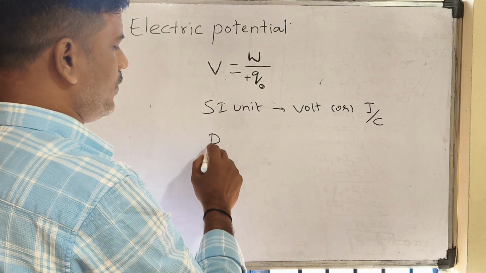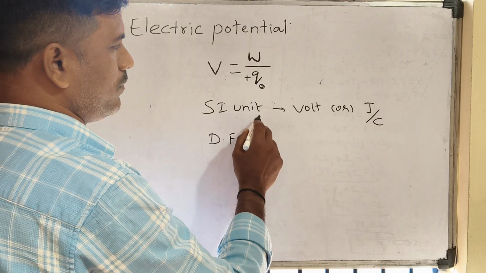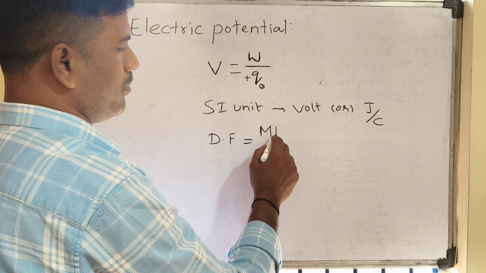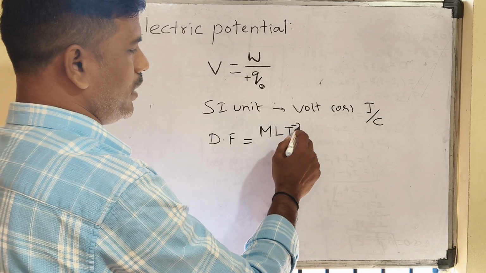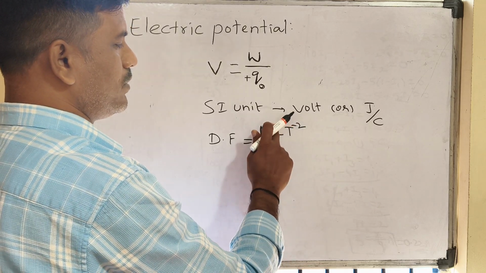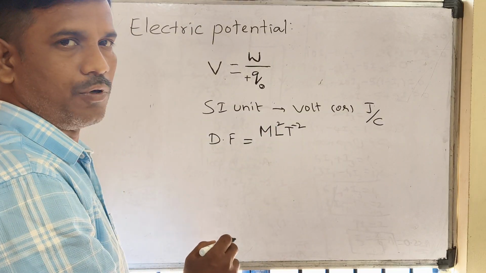Next, the dimensional formula. Work done is force into displacement. The dimensional formula of force is M L T power minus 2, and displacement S has dimension L. So the numerator is M L square T power minus 2.